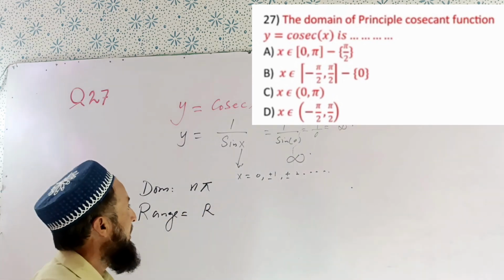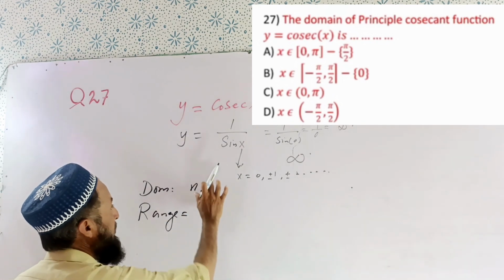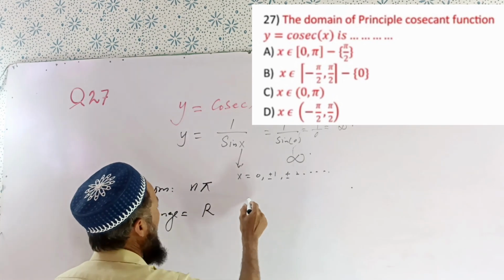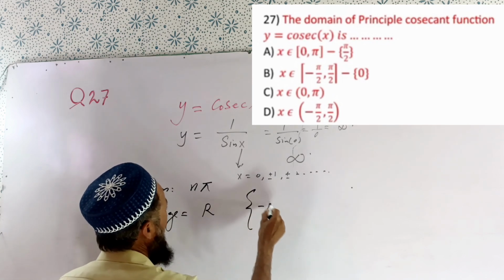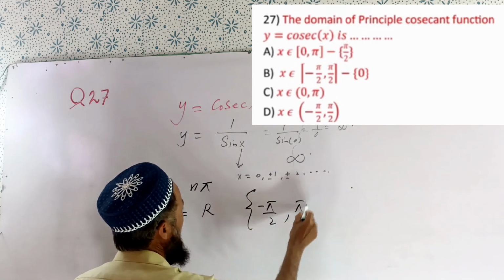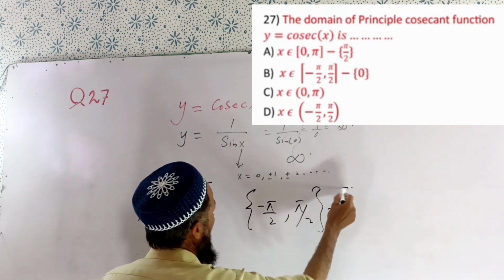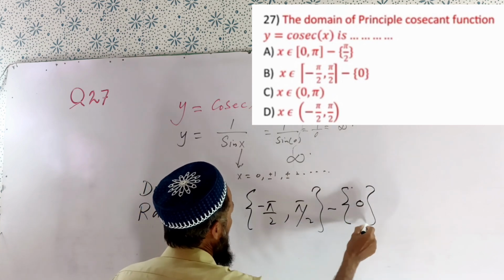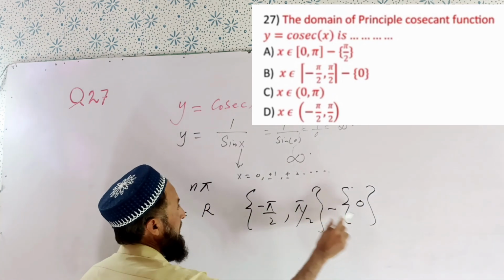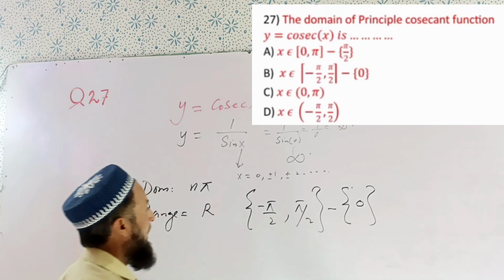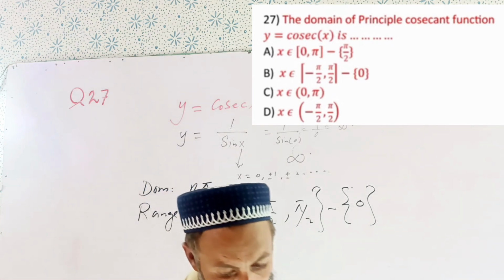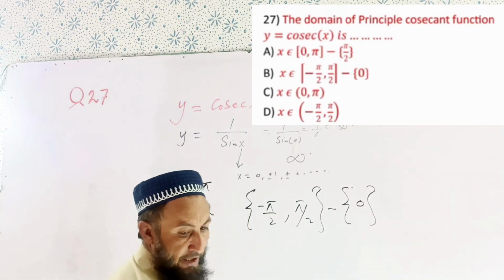If we are finding the domain, there are two values: one is minus pi by 2 and pi by 2, and the other value which is not accepted is 0. So option B is the correct option.